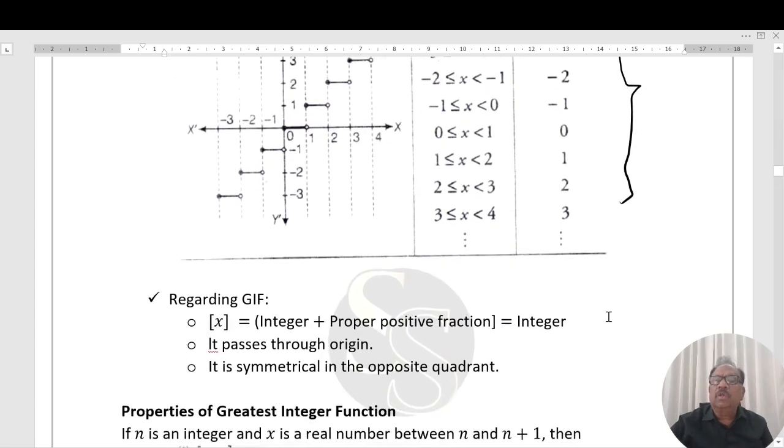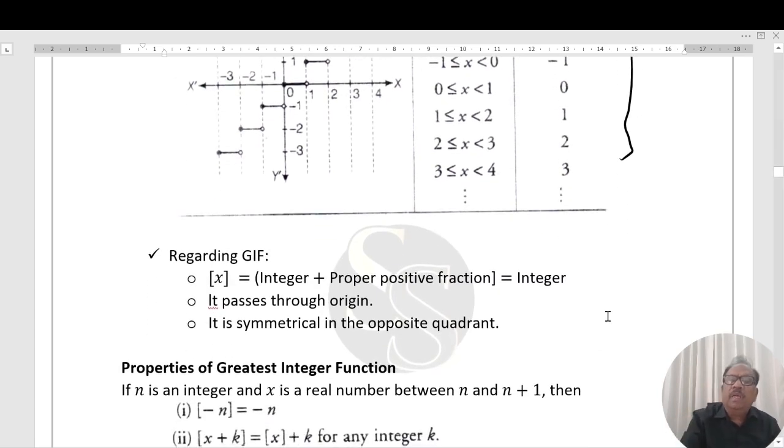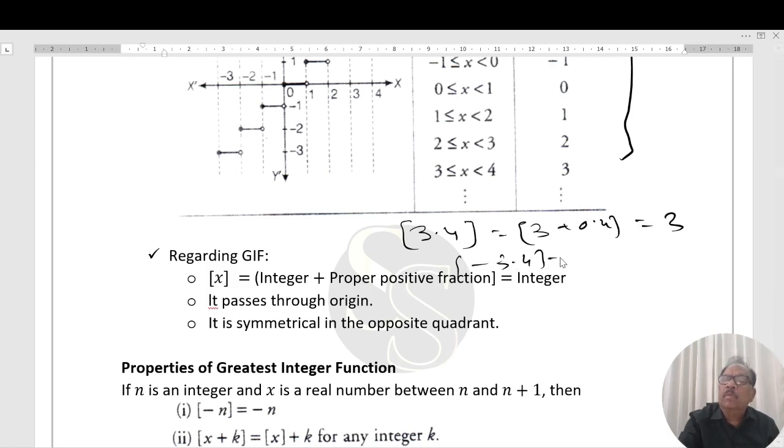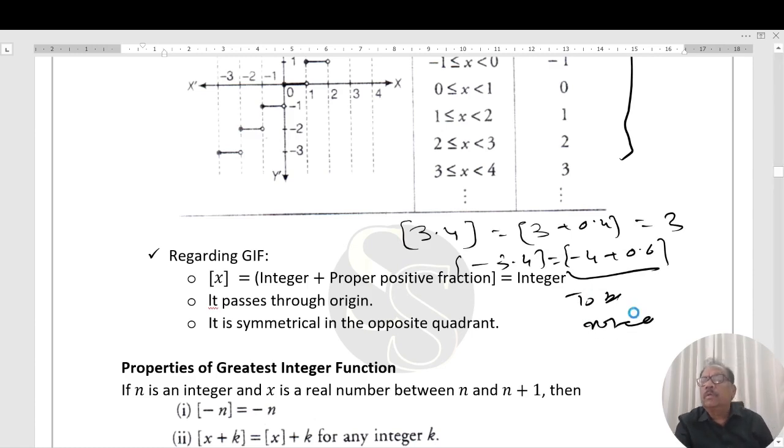Now, regarding the greatest integer function, write it as integer plus proper positive fraction. 3.4 can be written as 3 plus 0.4. Answer will be 3. And minus 3.4 can be written as minus 4 plus 0.6. This point is to be noted, that is equal to minus 4.